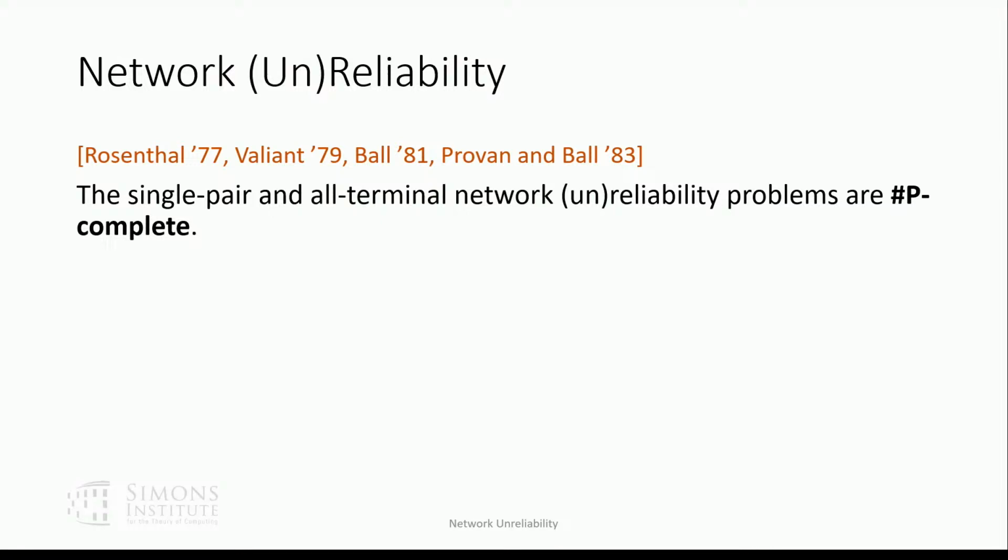And here's a sequence of works in the late 70s, early 80s that established the following eventually. Both of these problems, the single pair and the all-terminal network unreliability or reliability problems, are #P hard. In fact, #P complete. So we don't expect that we can exactly compute these probabilities.